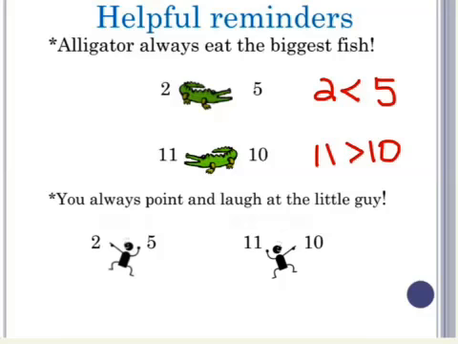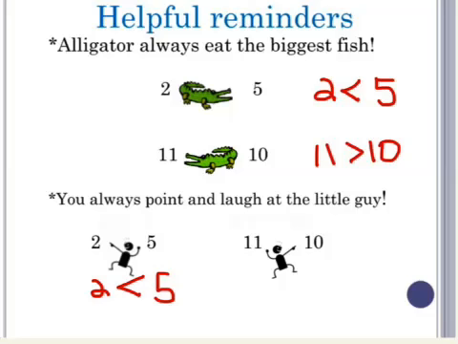Another cute little way I learned a couple years ago was you always laugh and point. You always laugh and you point at the smallest thing. So you look at it and you say, "You're so small." So that's why we would write 2 is, we're pointing at the smaller thing.